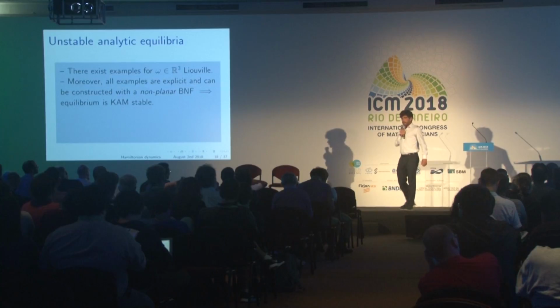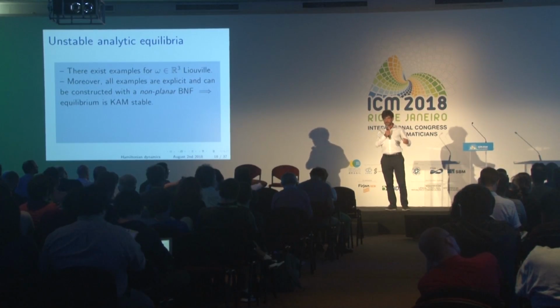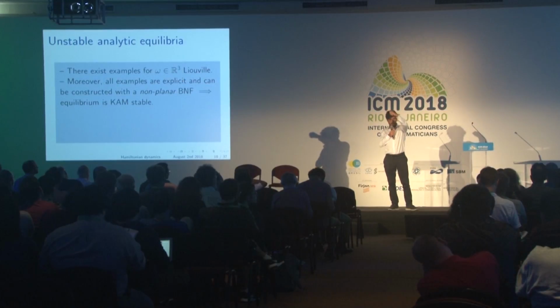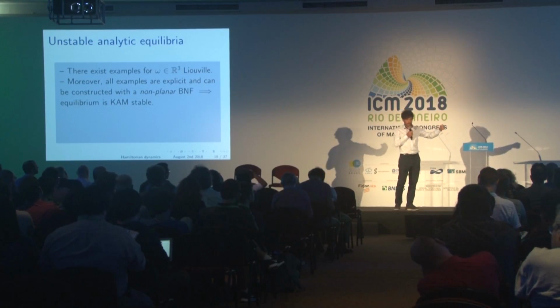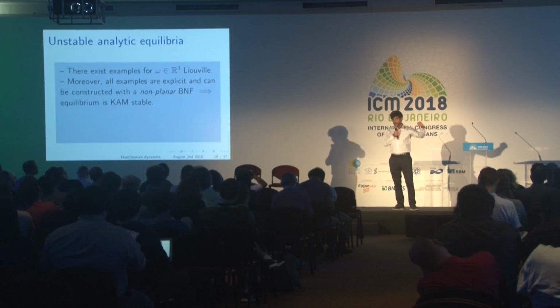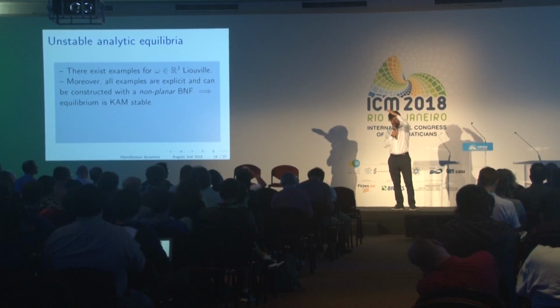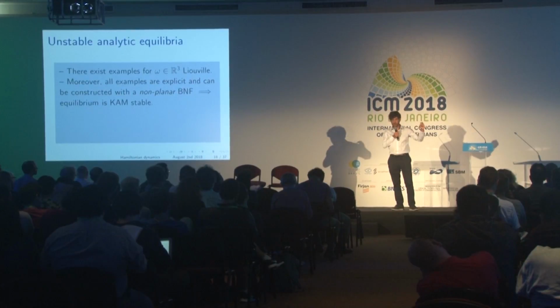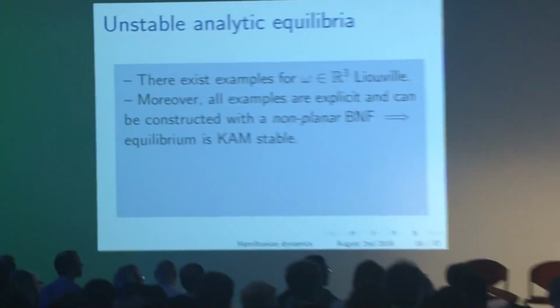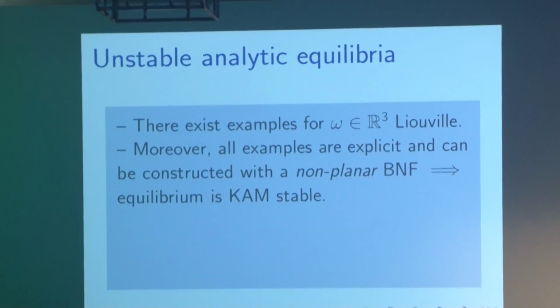And why is it so C infinity in nature and not analytic? Because the way we do it, you take resonant lines that converge to the origin and you build your diffusive orbits. But then for each resonant line, you need a compactly supported perturbation to diffuse along this line. And that makes the construction really C infinity.